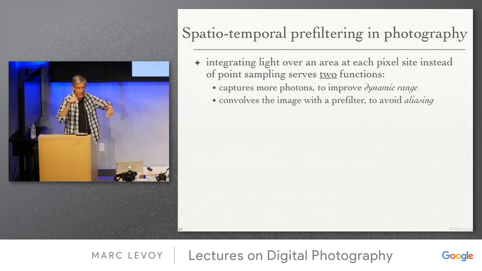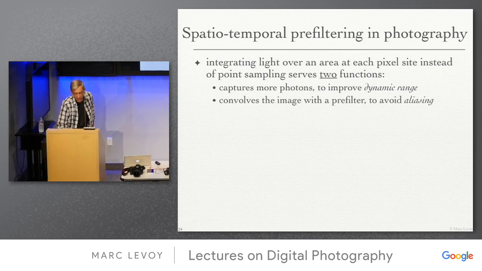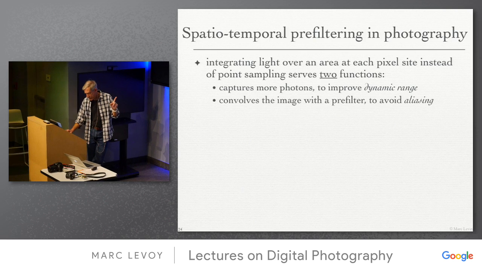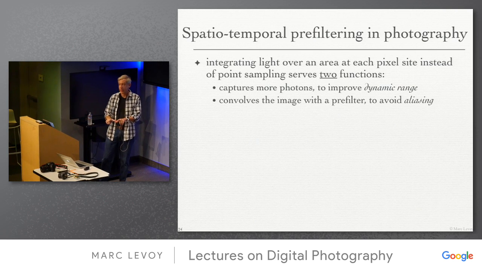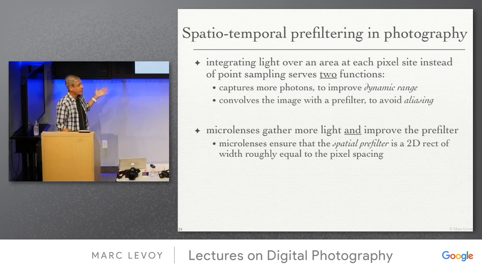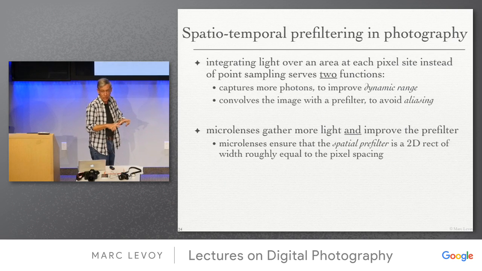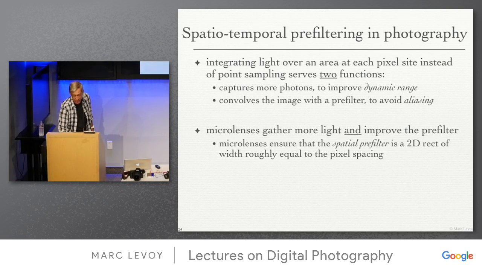So no photons get lost anywhere. So it effectively convolves the image with a pre-filter. Sorry, I didn't say that quite right. The integration over the pixel area is already convolving it with a rect function. The micro lenses improve that by making sure that the fill factor is 100% or close to it. So it improves that rect filter and gathers more light.